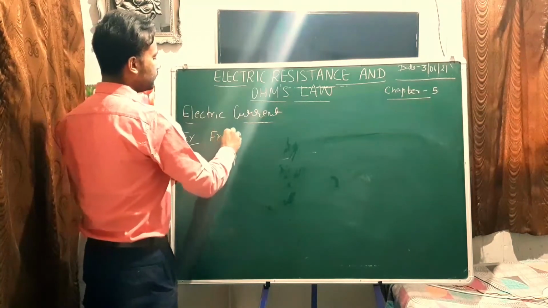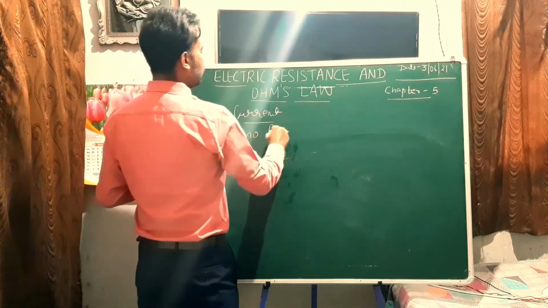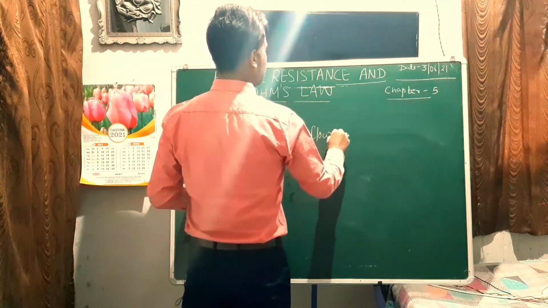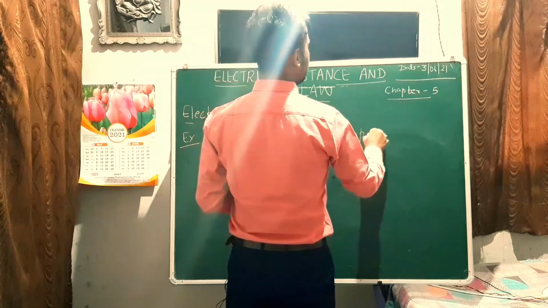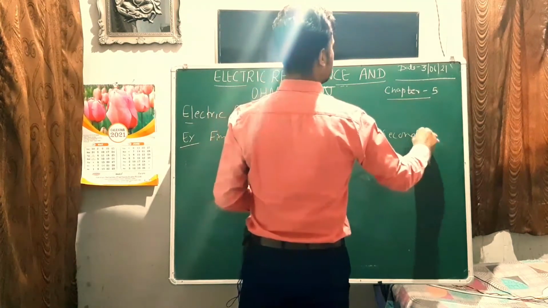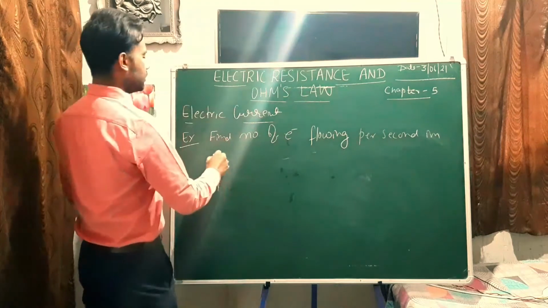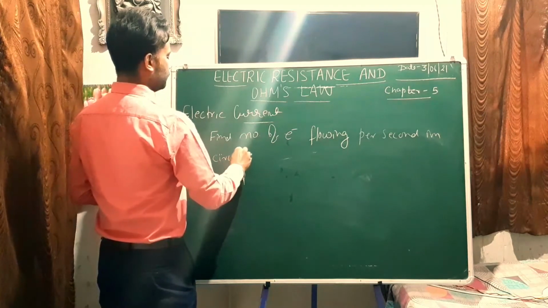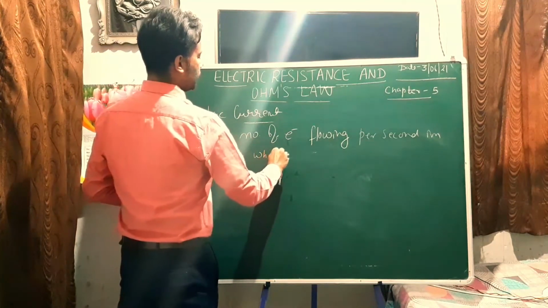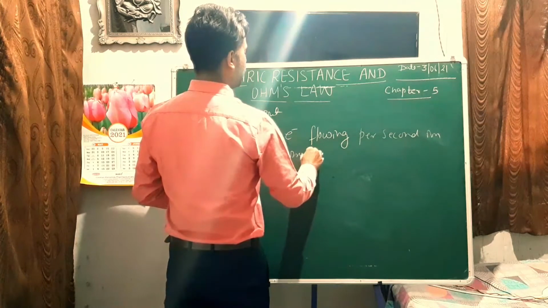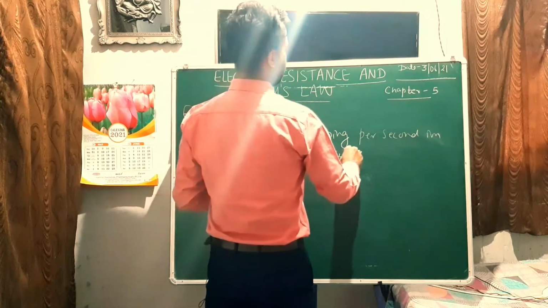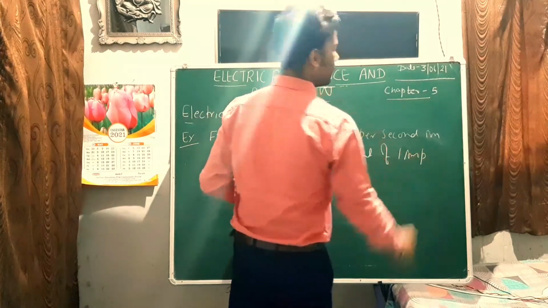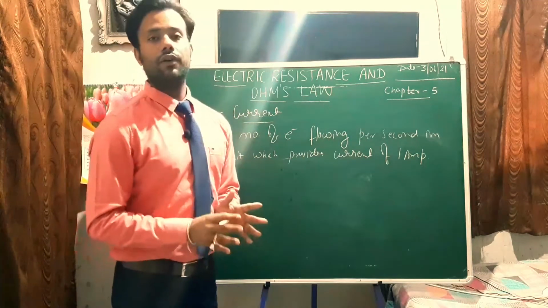Find the number of electrons flowing per second in a circuit which provides a current of 1 ampere. I must say that this question is very, very important.